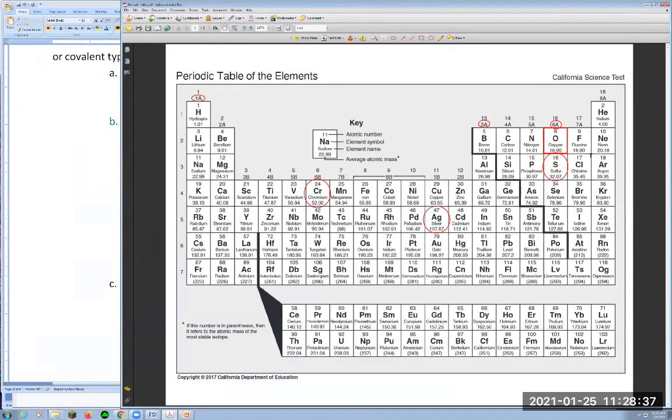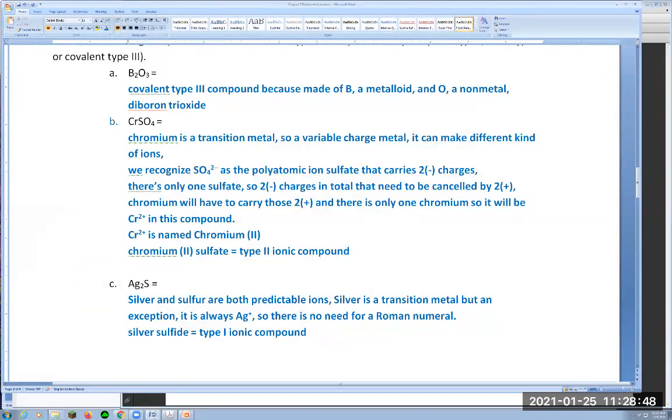We are in America, so you need to use sulfur with the F. This is important when you do Sapling. In the homework, you may have trouble if you're using the British version of sulfur with the PH. Same for sulfide or sulfate or sulfite. All of them need to have an F to be proper spelling here.